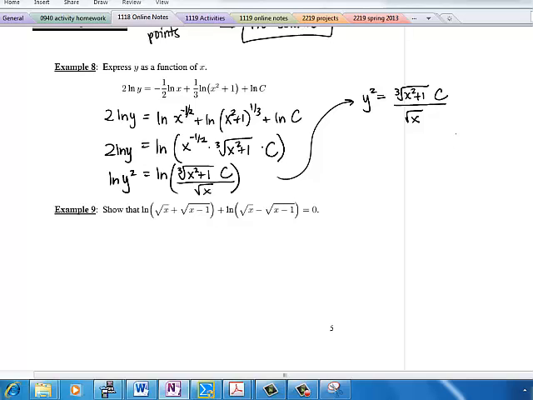Which means that y would either be positive or negative square root of cube root of x squared plus 1 times c, all divided by square root of x. That's quite a mess. That's okay to leave it like that.